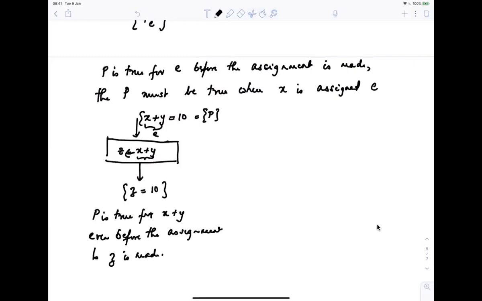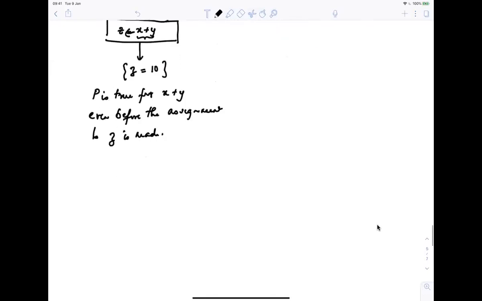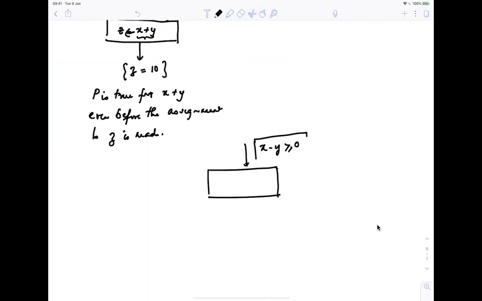And let me take another example, which is a little more subtle. Let's say I have x minus y greater than or equal to 0, and that is the assertion that I can make.